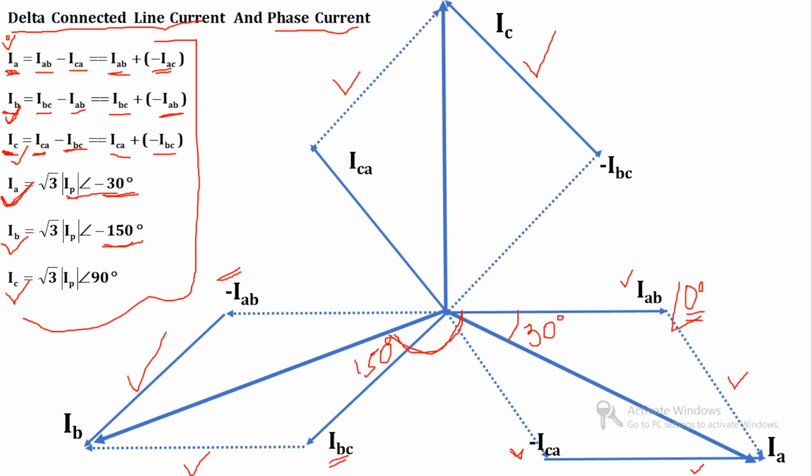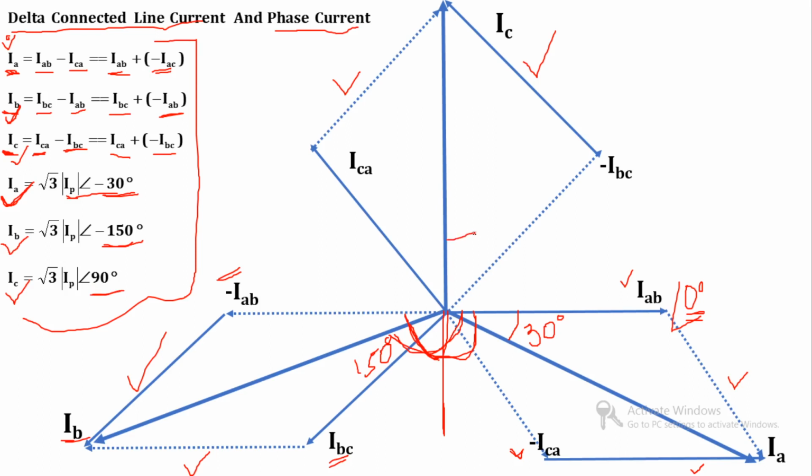You can see over here that this is 90 degree and this is again plus 60 degree, so it becomes plus 150 degree. So IB is at an angle of 150 degree with respect to 0 degree. And last, IC is at an angle of 90 degree with respect to 0.